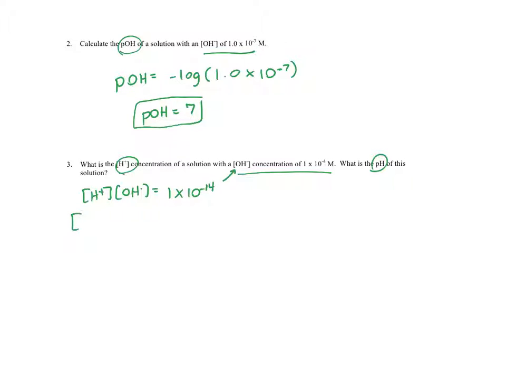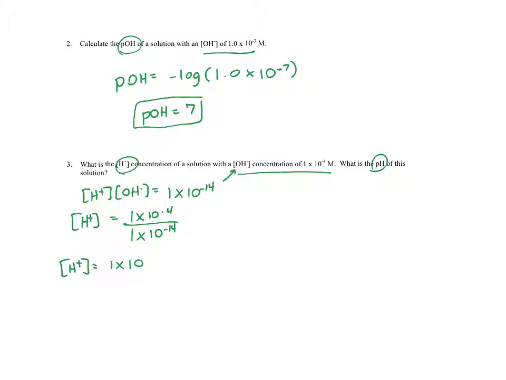So really, to get H plus, you're going to take 1 times 10 to the negative 14th over the OH minus concentration, which is 1 times 10 to the negative 4th. Be careful when you plug those into your calculator. Make sure you're using parentheses around both scientific notations.